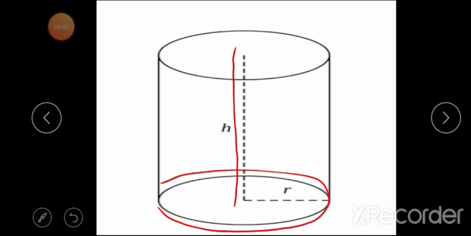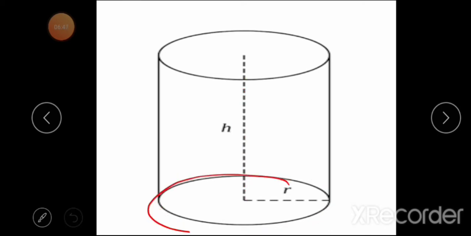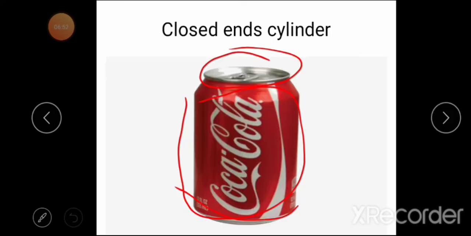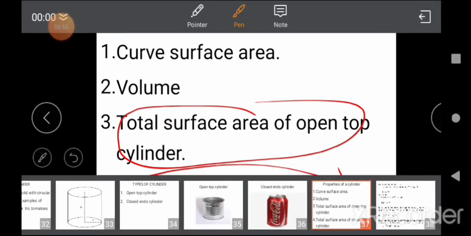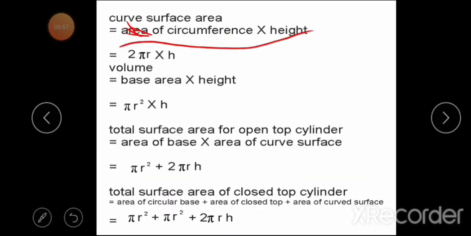So if you go to the formula, it states that the curved surface area is the circumference of the circular base times the height, which is 2 pi r, the formula for the circumference of the circular base, times the height of the cylinder. That will give us the curved surface area of the cylinder.